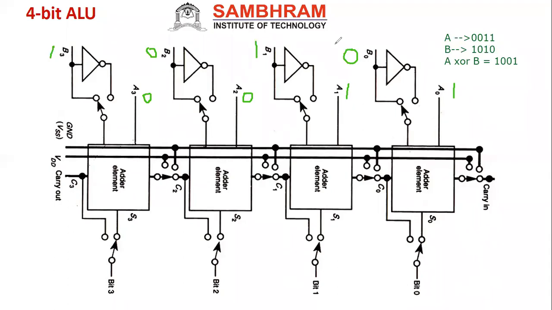Carry in should be 0, because as you know, previously CK minus 1. Carry in equal to 0 means this Cin is connected to VDD or VSS. It is connected to ground actually. So this Cin is connected to ground, this switch is there, and it is connected like this.